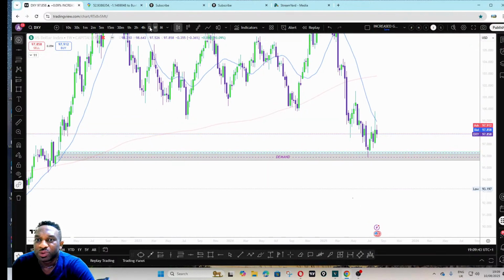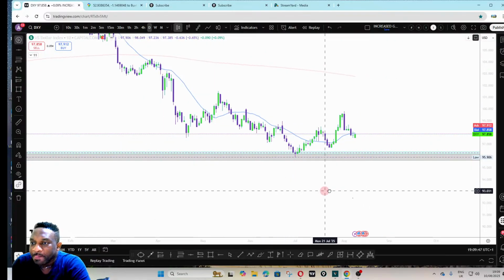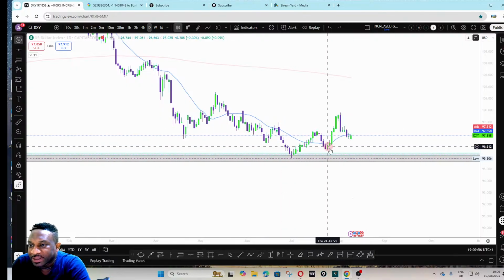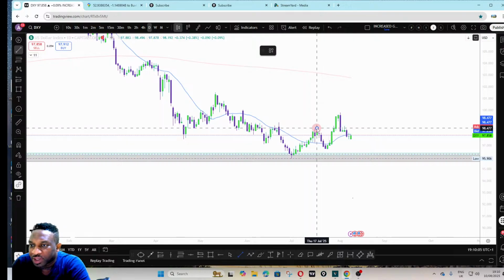If we go down to the daily time frame, you can see that over here, as price moved away from here, we had a break of structure. Right here, we had a break of structure.